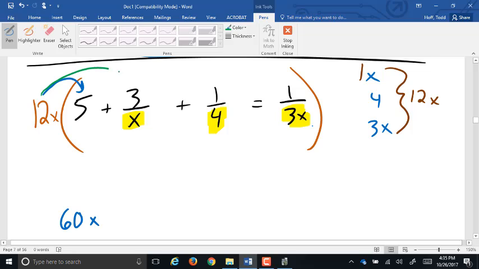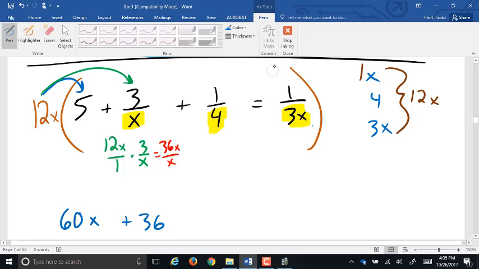Next, we're going to do 12x times 3 over x. So this will be 12x over 1 times 3 over x. 12x times 3 is 36x. 1 times x is x. 36x divided by x is just 36.